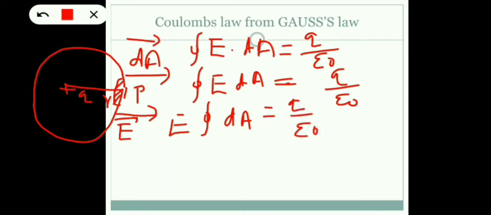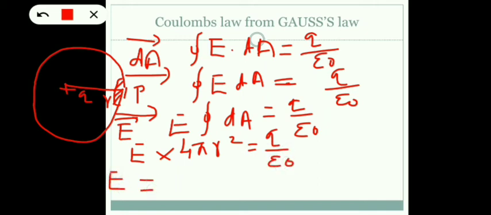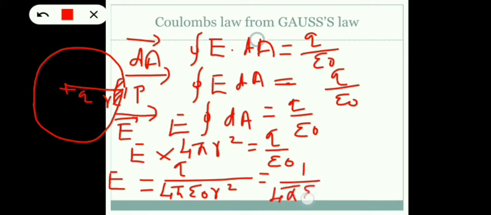Now, what is integral dA? Integral dA is A, that means area of this whole sphere, and you know the surface area of the sphere is 4 pi r square, where r is the radius of the sphere. So E into 4 pi r square equal to Q by epsilon naught. Therefore the electric field intensity E equal to Q by 4 pi epsilon naught r square. And we can rewrite this expression as 1 by 4 pi epsilon naught into Q by r square.